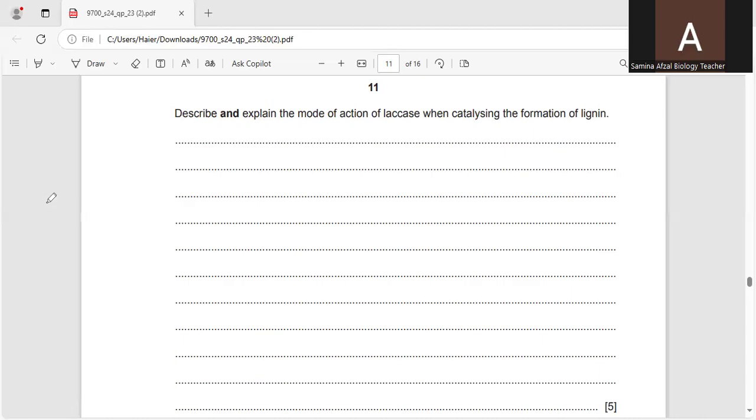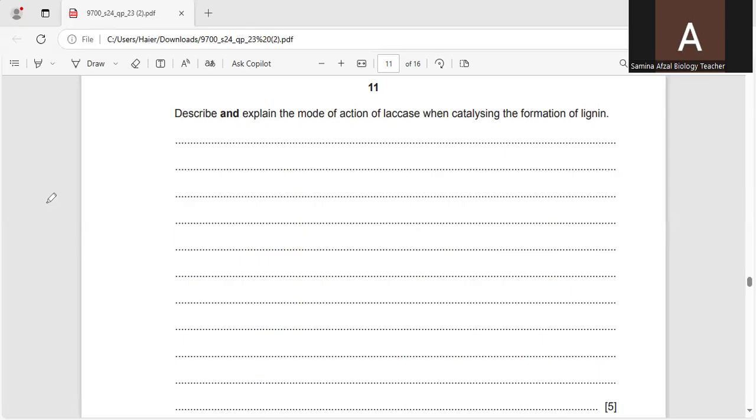Now I would like to explain this by writing on this mode of action of laccase when catalyzing the formation of lignin. So here I am going to write this one. So here will be the lignin biosynthesis in plants.